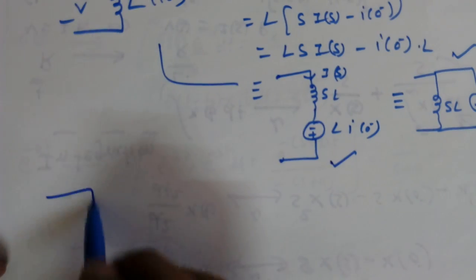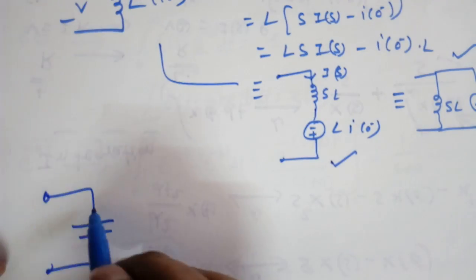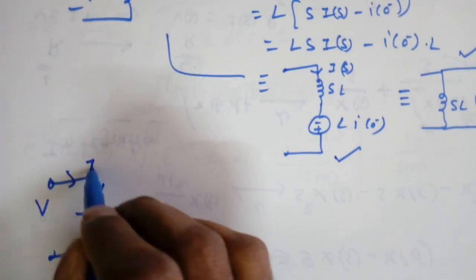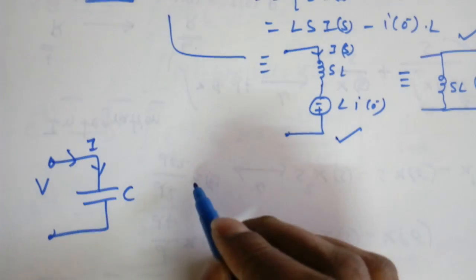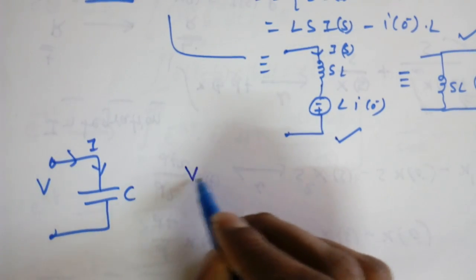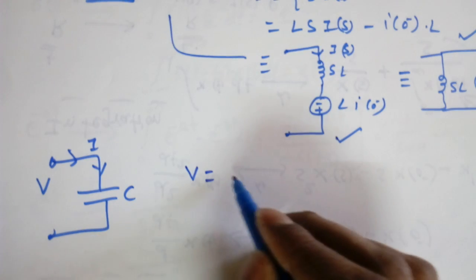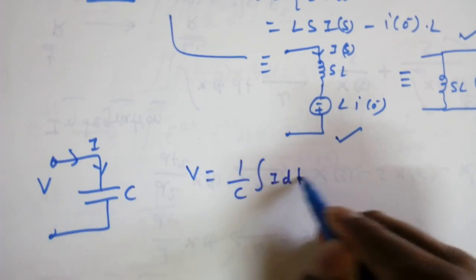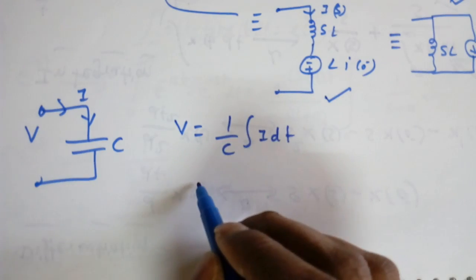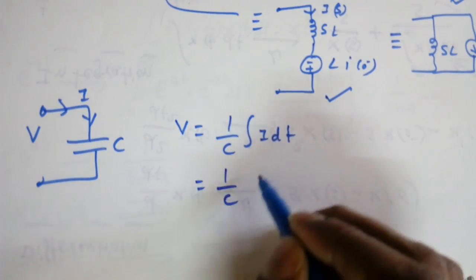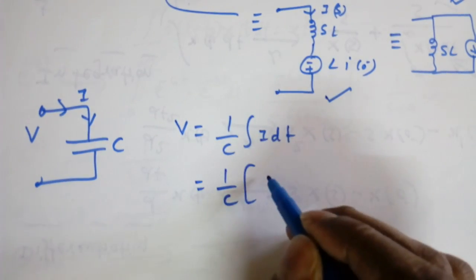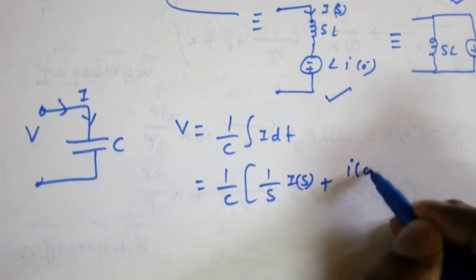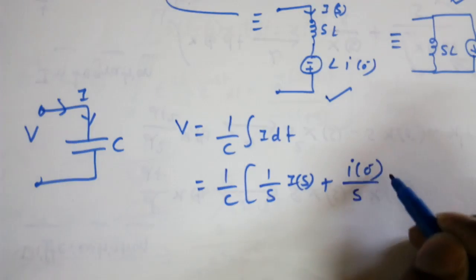Similarly, for a capacitor, how do we represent it using the Laplace domain? This is C, V, and this is I. So what is V? If I write a loop, V is equal to 1 by C integral of I dt. So 1 by C into the integration property, that is 1 by s into I of s plus I of 0 minus by s.